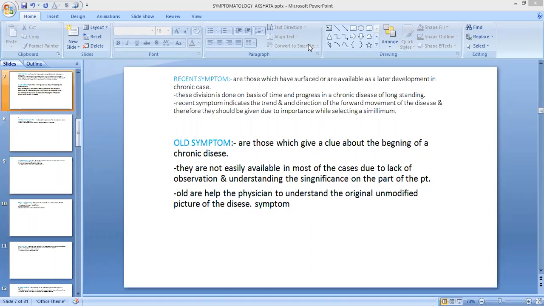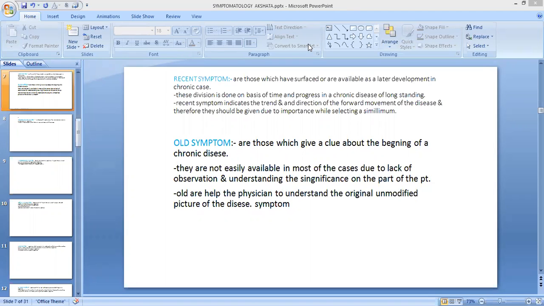The present stage of the patient, the symptoms of the present stage of the disease, may be due to the symptoms after different types of medications.